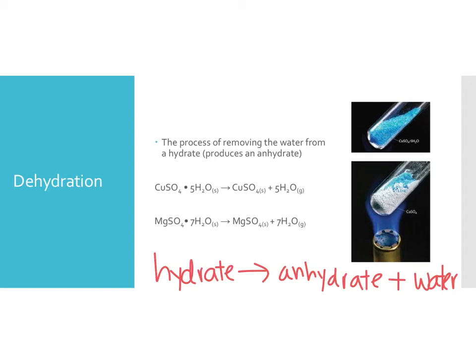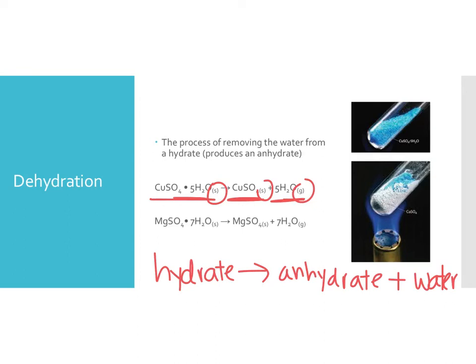All right, so if we took the copper(II) sulfate pentahydrate, right here, if we dehydrated it, we would free up the copper sulfate and release 5 moles of water. Now you may see the little s here and the g. That's telling you the states.